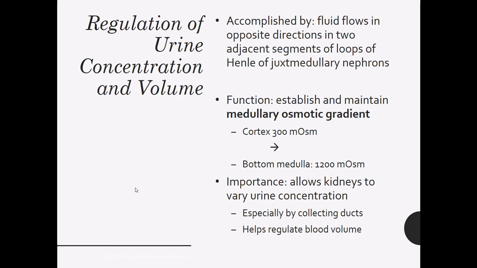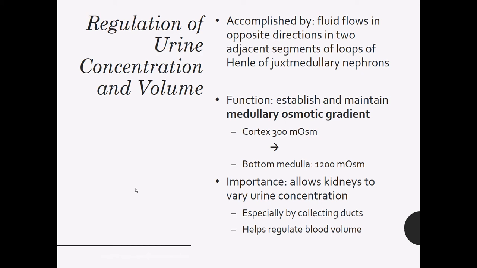And so the purpose of these juxtamedullary nephrons and these big long loops of Henle is to create what we call an osmotic gradient in the medulla of the kidneys. The solute concentration in the cortex is about 300 milliosmoles. That's the unit that we use. But at the bottom of the medulla, it's about 1200 milliosmoles.